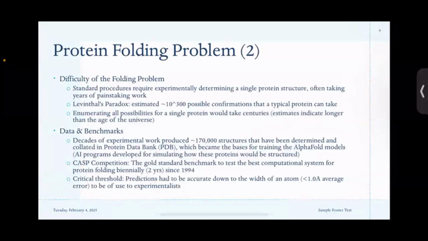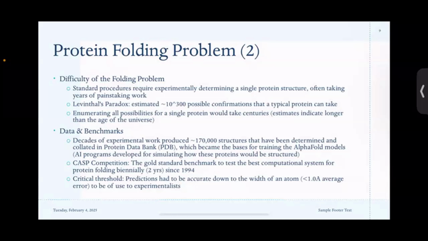Standard procedures require experimentally determining a single protein structure, often taking years of painstaking work. There's also the Levinthal paradox, which estimates that approximately 10 to the power of 300 possible conformations that a typical protein can take. This means that enumerating all possibilities for a single protein would take centuries.